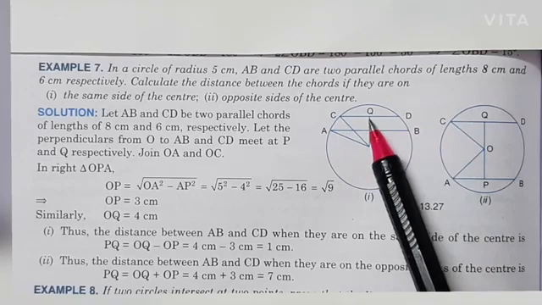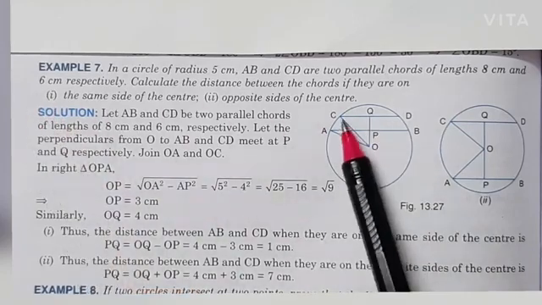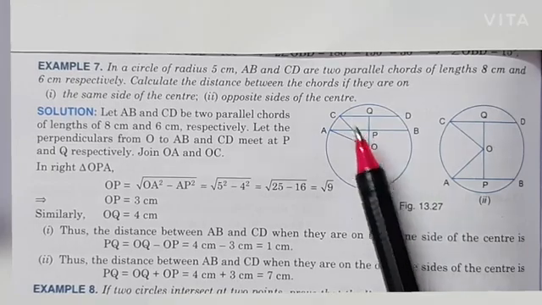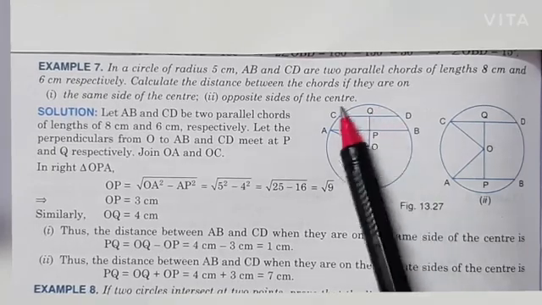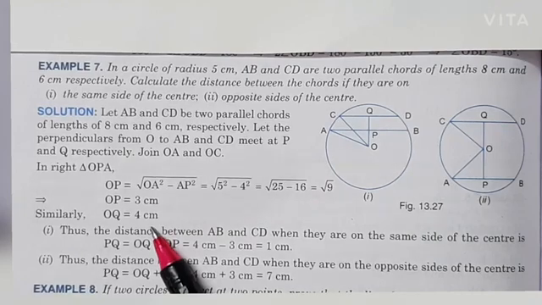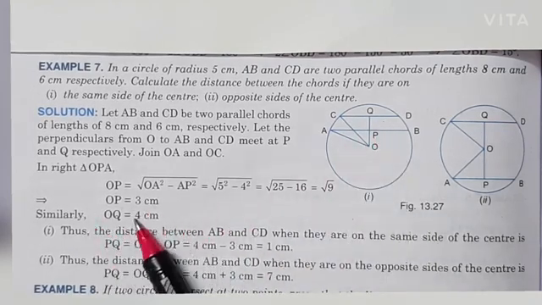Now what is CD given to us? CD is 6 centimeter. So CQ will be 3 centimeter. So therefore, by applying Pythagoras theorem, OQ will be 4 centimeter. Students, here you need to show the steps for this calculation. Clear?